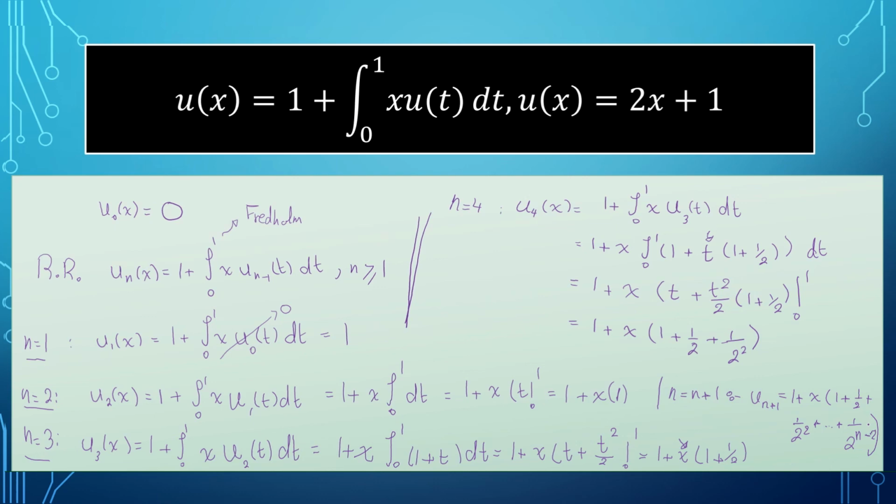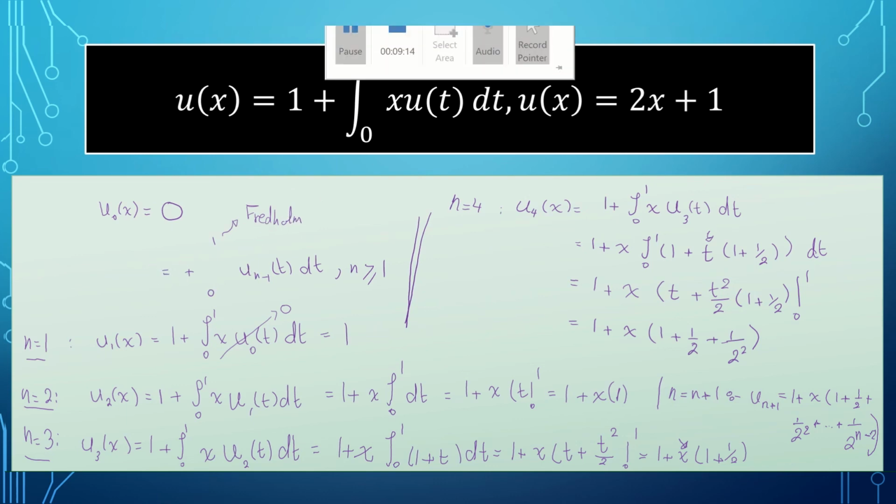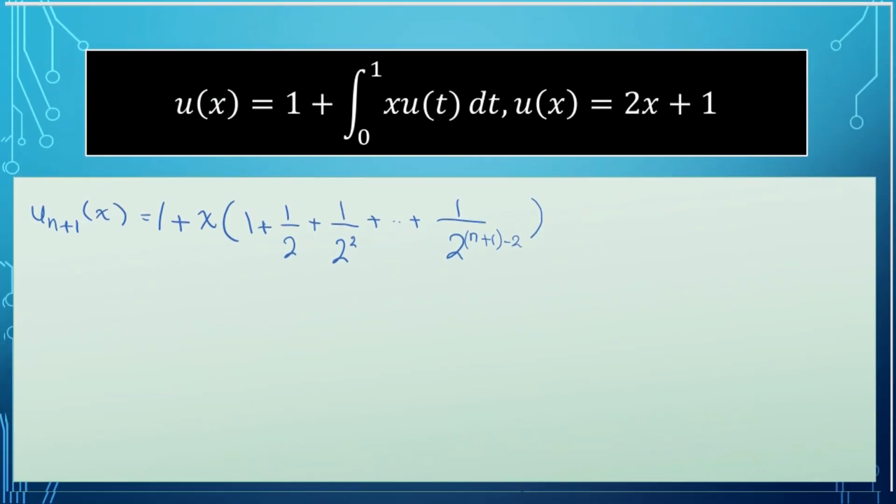That's it. Now to write our u of x, so when you write un plus 1, you don't write the last one 1 over 2 n minus 2, as I said before.